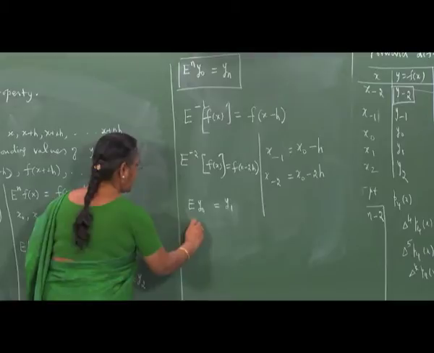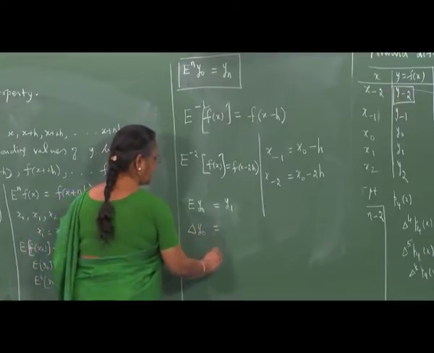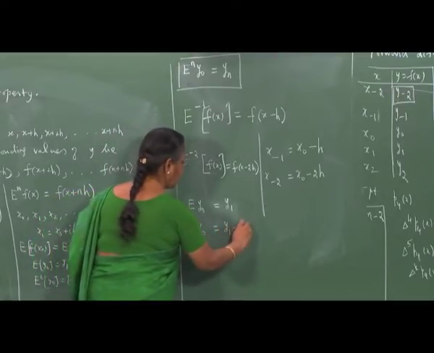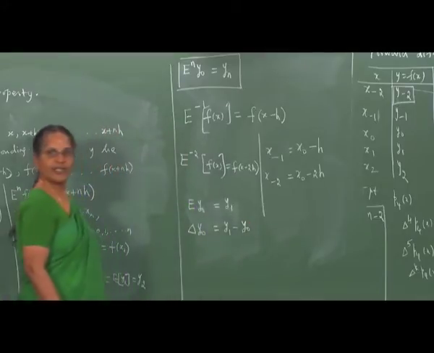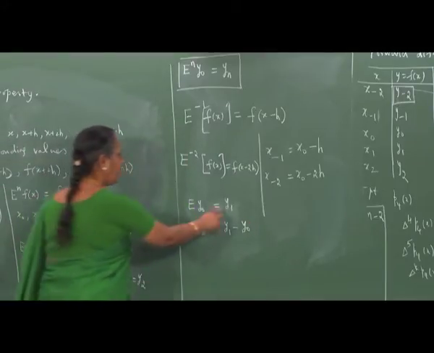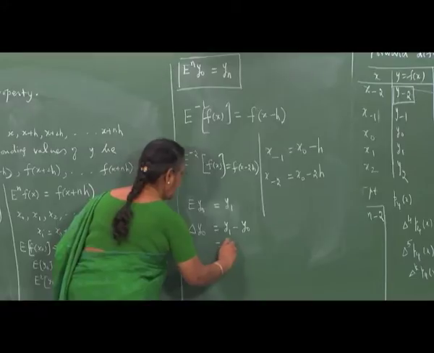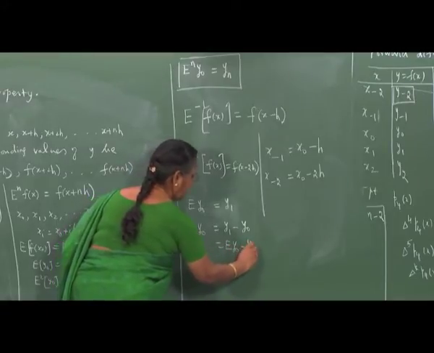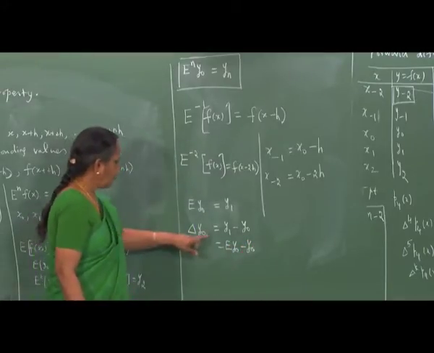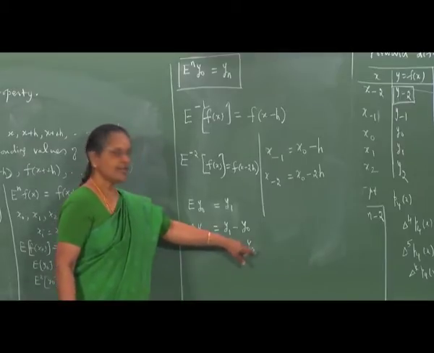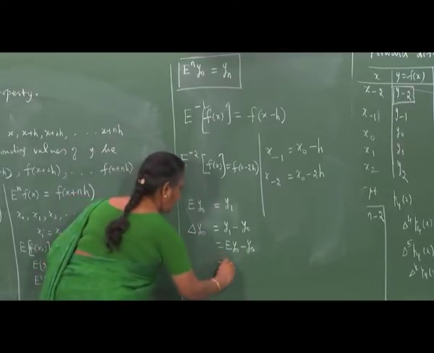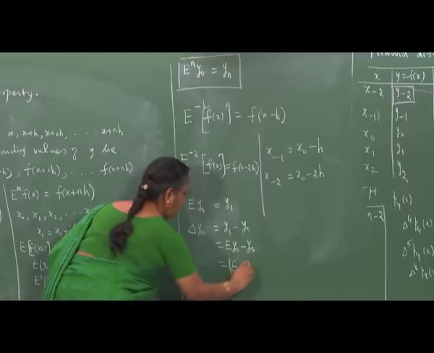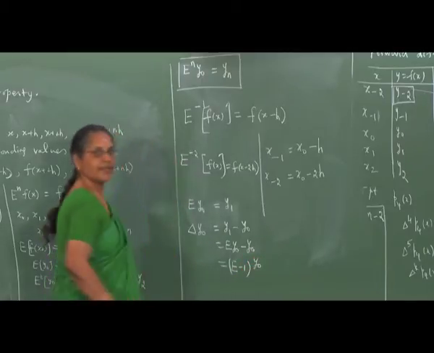What about delta on y naught? Delta on y naught is y1 minus y naught. But I know I can write y1 as E on y naught. So, delta on y naught is E y naught minus y naught. So, it is E minus 1 on y naught.